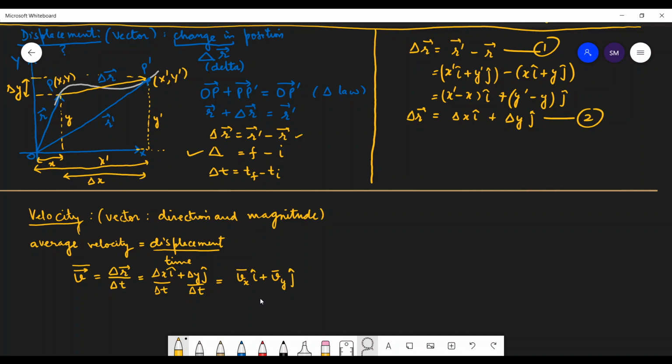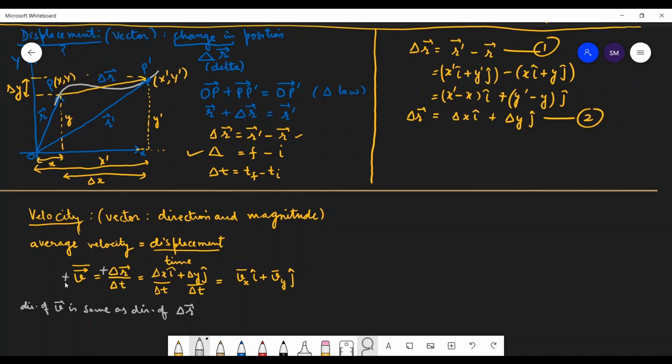The important thing here, one of the tools that we need to remember, is that I have a vector on the right hand side, so definitely I will have a vector on the left hand side also. Here I have a positive sign. So if the sign is the same, it means the direction of the velocity vector is the same as the direction of the displacement vector.